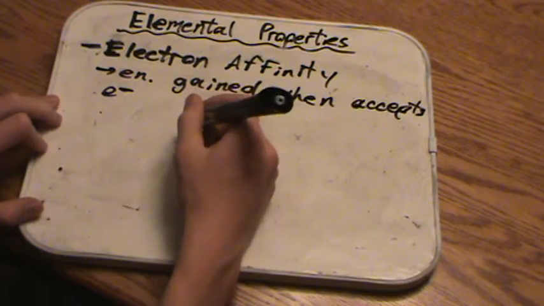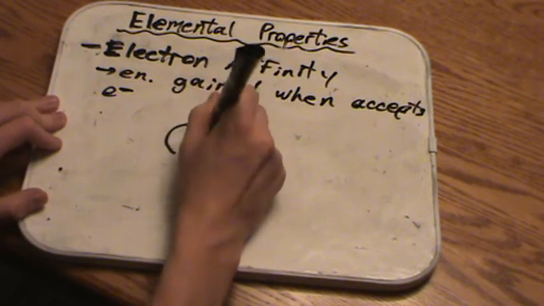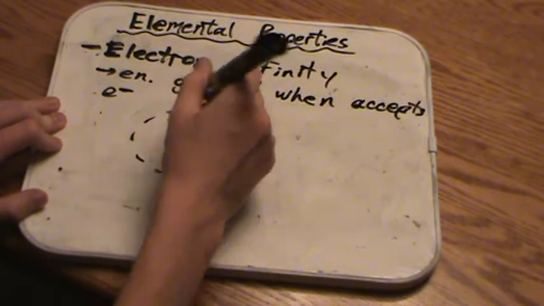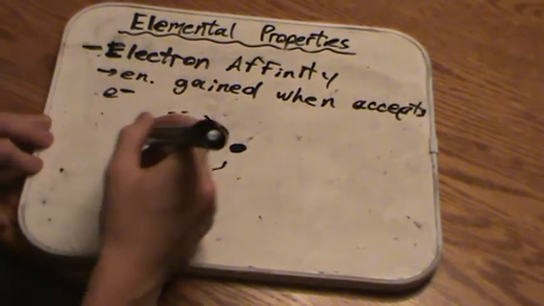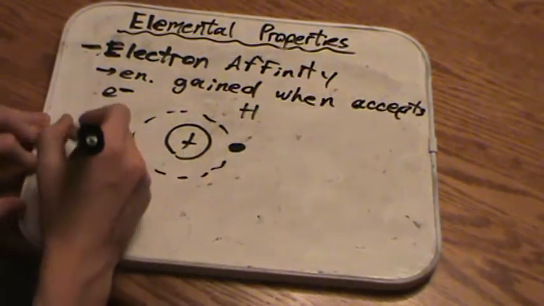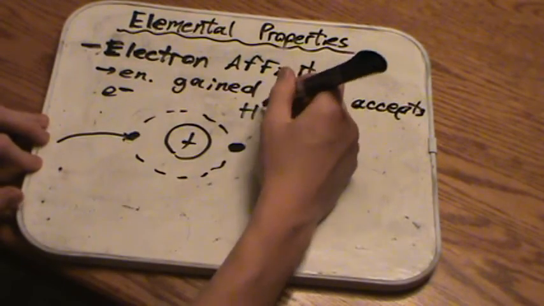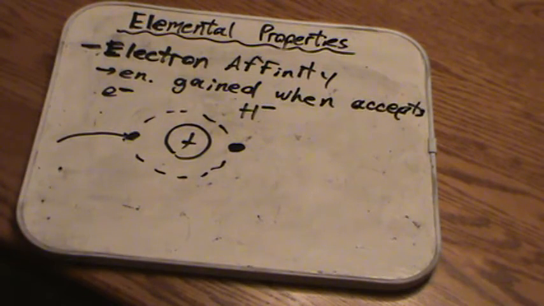Because let's just say, let's draw out our hydrogen again, with our single proton and single electron around the nucleus. Electron right here. Let's just say that this hydrogen accepts an electron, and it now has 2 electrons. It will be hydrogen with a negative charge. It has accepted a negative charge.